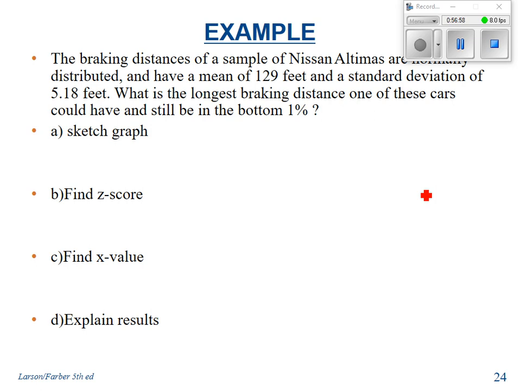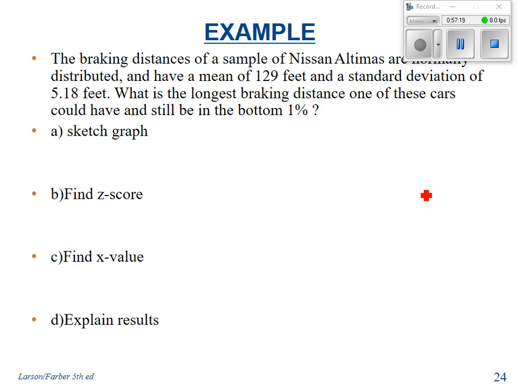Car manufacturers actually do this. This is part of their safety. That safety stuff that you see, that this car is the safest car on the road and this one's not. To be safe, you need to be in the bottom 1% of the braking distances for that certain car.